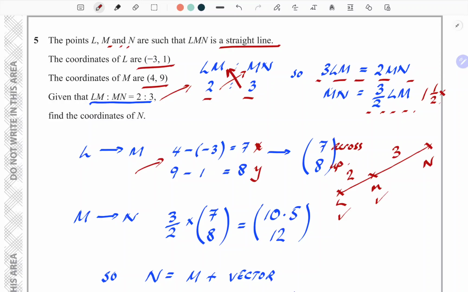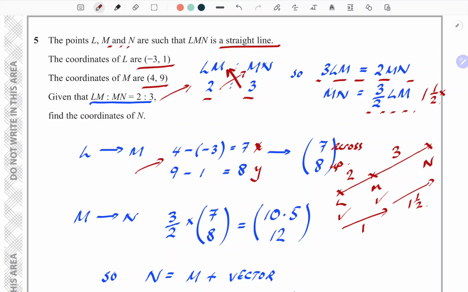We're now going to use that. We know that going from M to N is 1.5 times as much. So whatever we did going from L to M, we are then going from M to N, and that's going to be 1.5 times. So 1.5 times that vector, 7, 8.